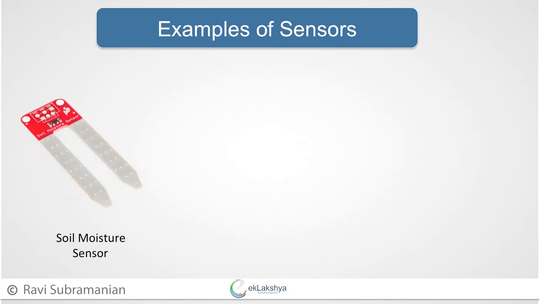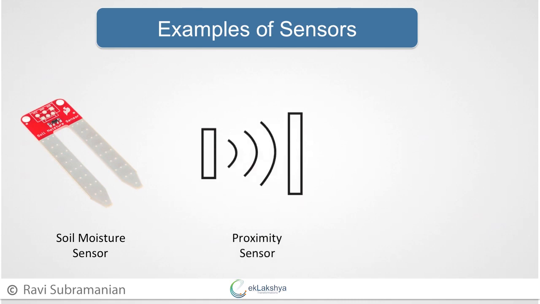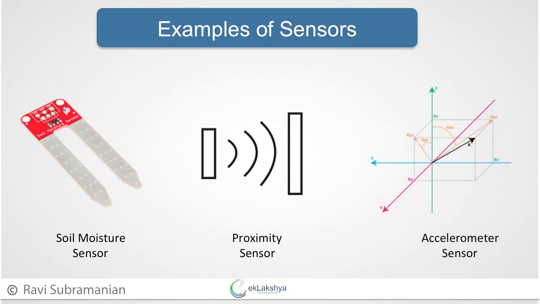Moving further on, we've got the soil moisture sensor that measures the content of water in the soil, and the proximity sensor that senses the presence of a human being or an object close by. The accelerometer sensor, commonly used in mobile phones, measures movement.